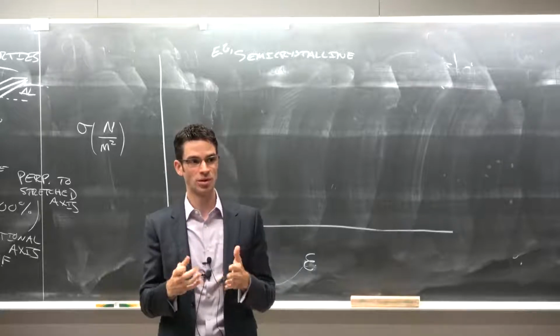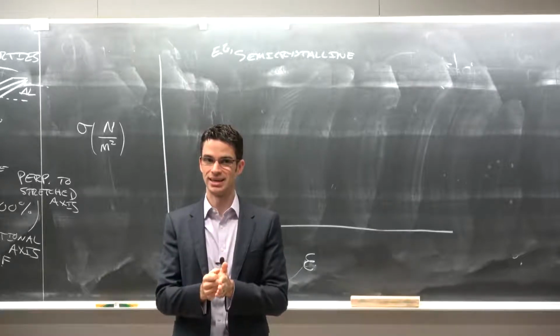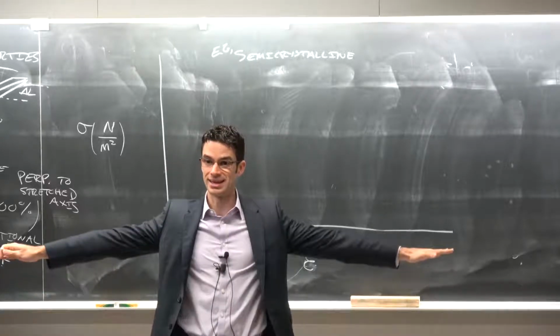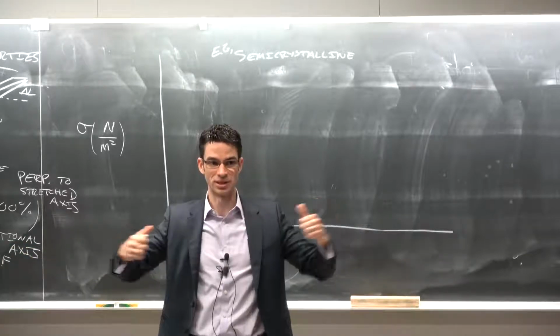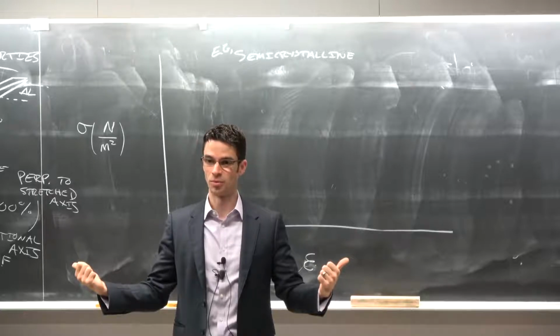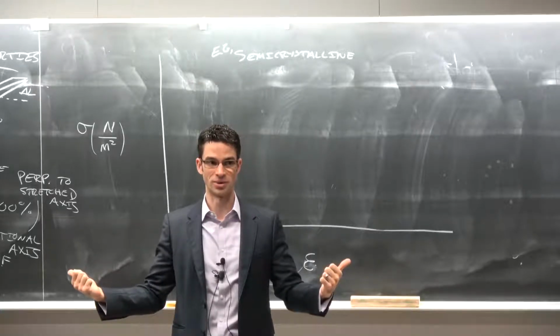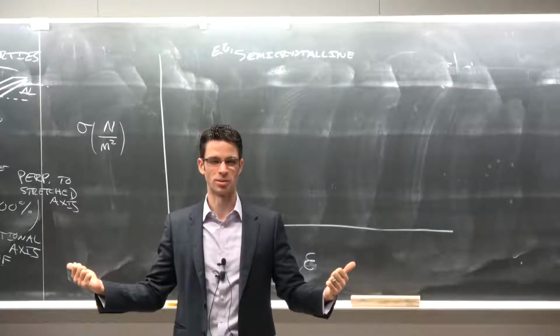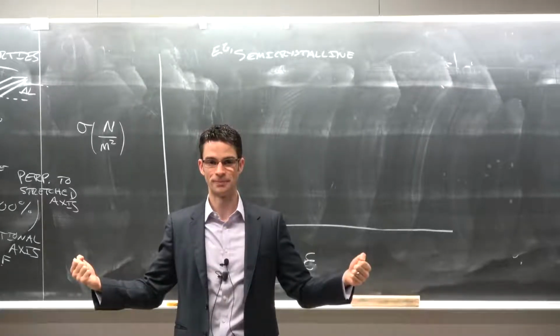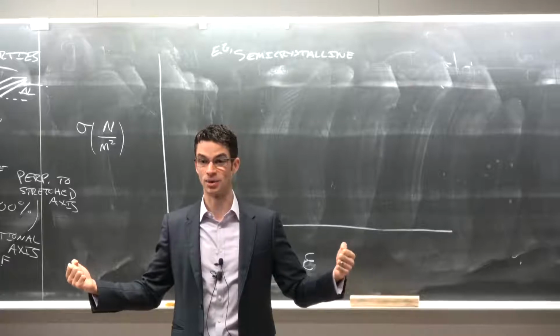Now, as you align polymer chains and bring them toward the stretched out version, what's going to want to happen? What does a polymer want to do if it's stretched out? It wants to go back. And why does it want to go back?